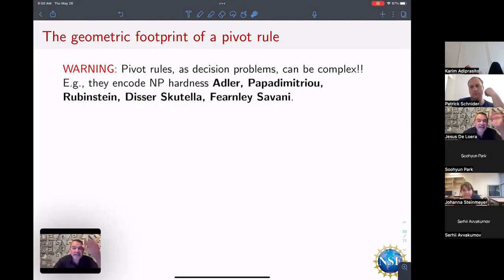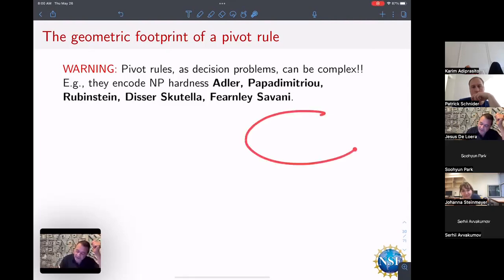And here's a very simple question. When Karim runs the simplex method, does it visit the vertex that Patrick gave me? So does it pass through my vertex? Again, you have the polytope, here's the vertex, and you run the simplex method, and you wonder, is it gonna pass through this vertex? That's the question.